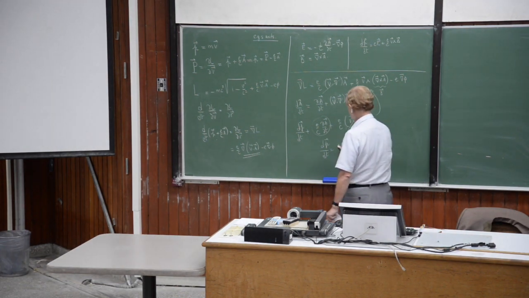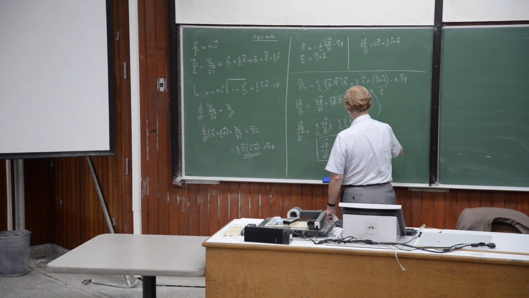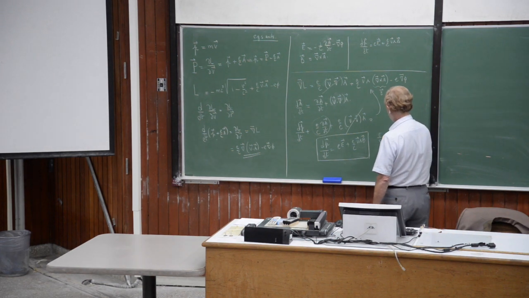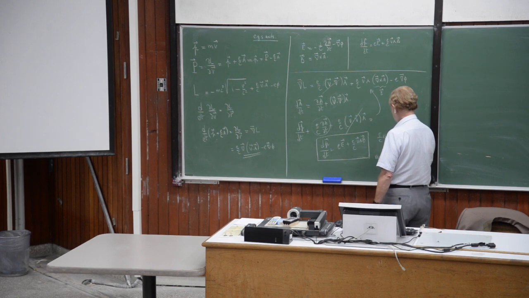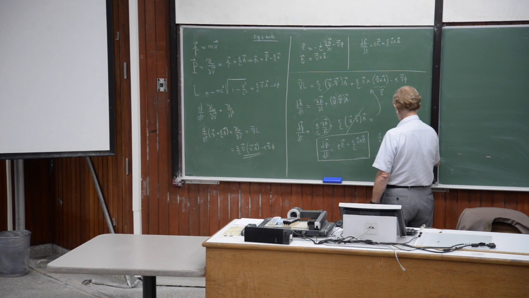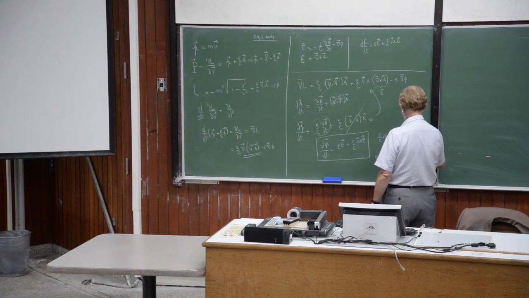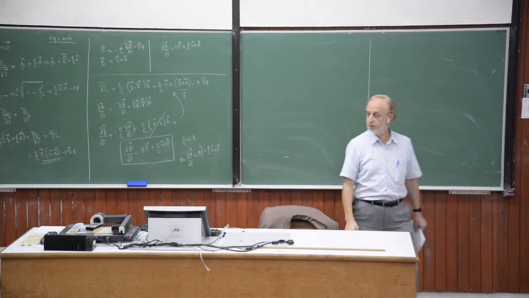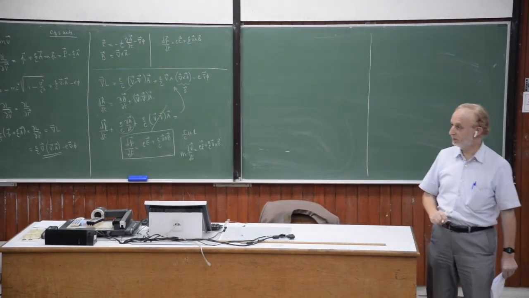So this is E plus e/c v cross B. Okay? And if v/c is much less than 1, that becomes m dv/dt is eE plus e/c v cross B, which is the Lorentz force we all learn in elementary EM.